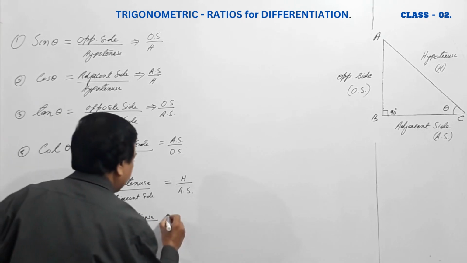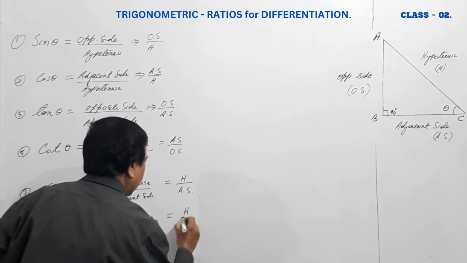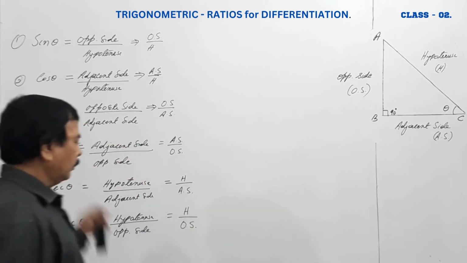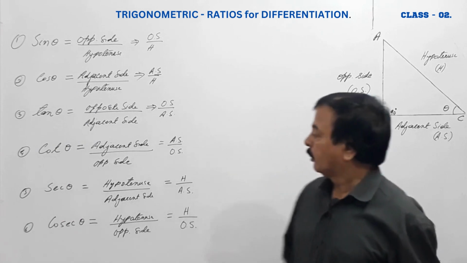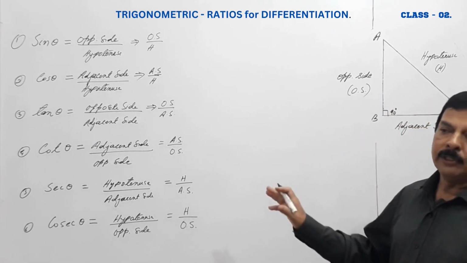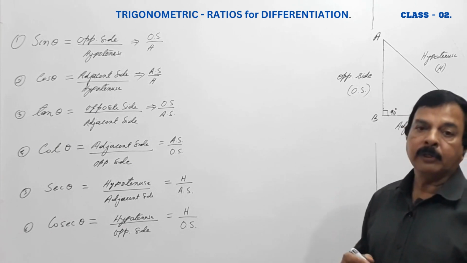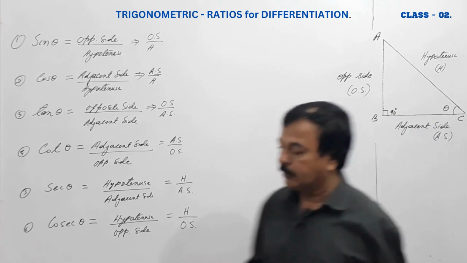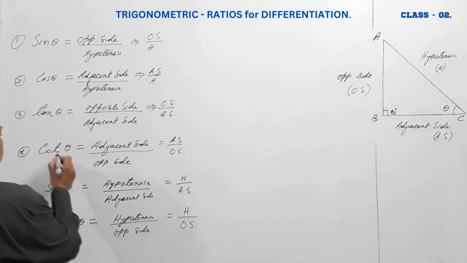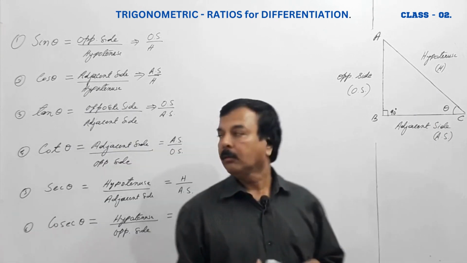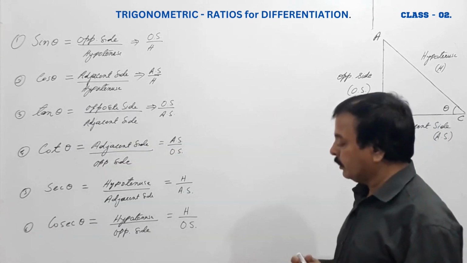So know these ratios, it will help you a lot. Without these things, we cannot go ahead and do problems on trigonometric ratios. You are bound to remember all this.